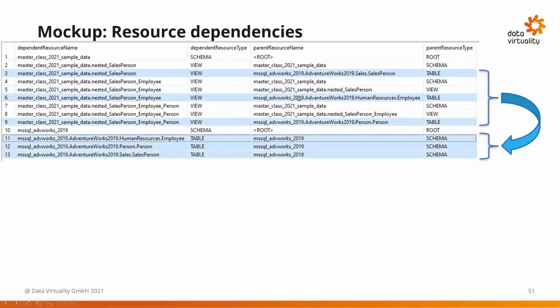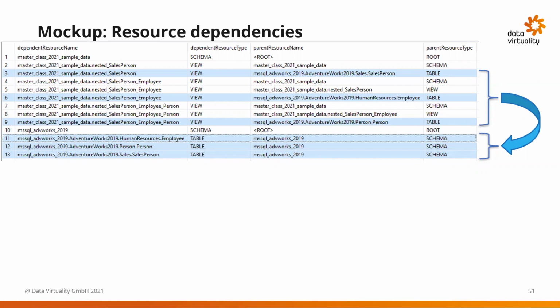So if you begin to visualize this, you can see how these other views inside nested salesperson, salesperson employee, and employee salesperson employee person are joining on tables from AdventureWorks, and these are actual tables. So we can see that all of this is getting rolled up, and all of these depend on the tables inside of AdventureWorks. So the resource dependencies provided us a really nice hierarchy.